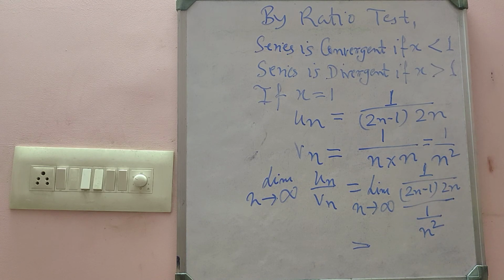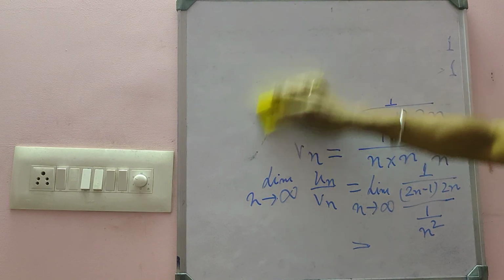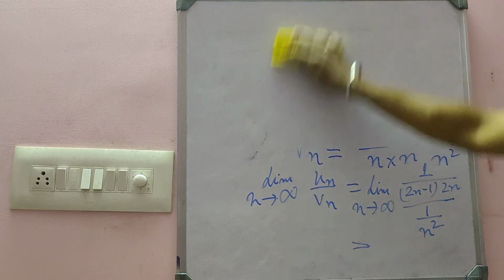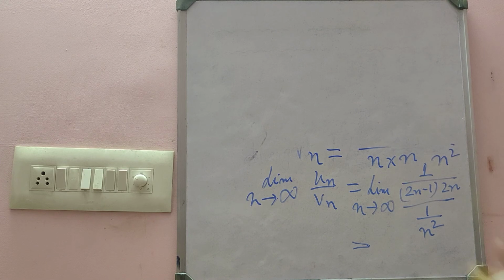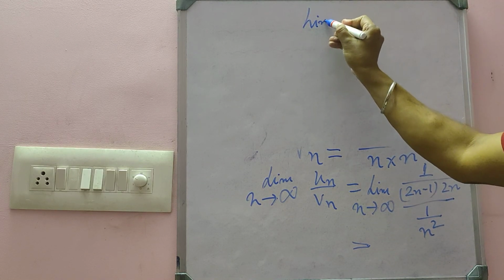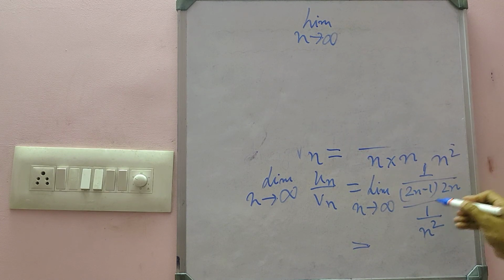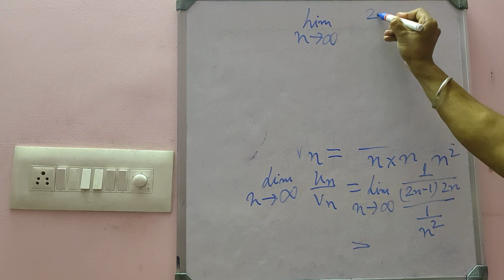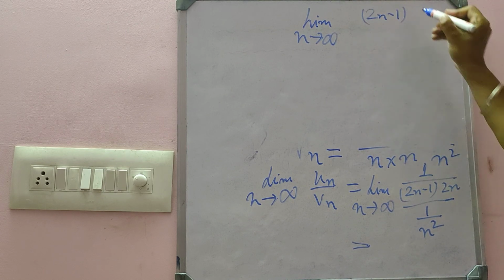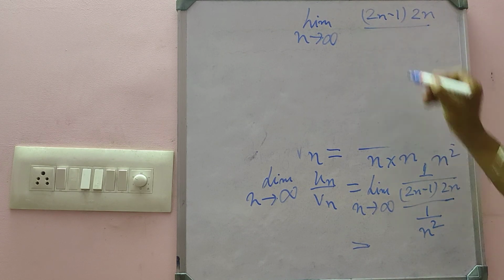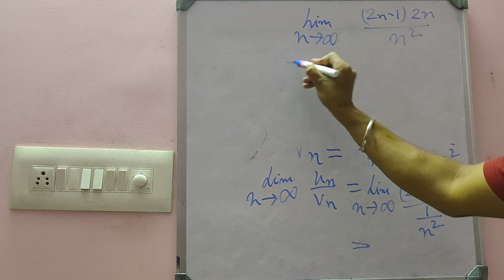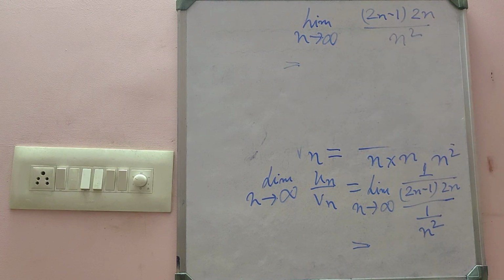What can we write in the next step? Limit n tends to infinity, this we can write (2n minus 1) into 2n divided by n square. Take now n common in both numerator and denominator.